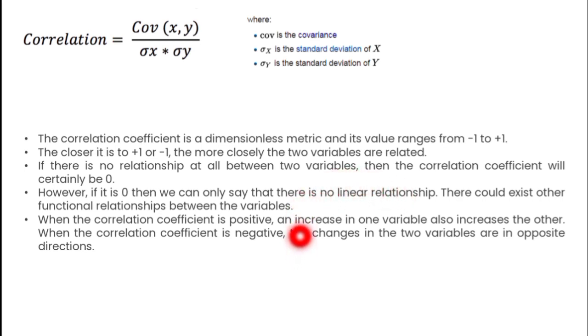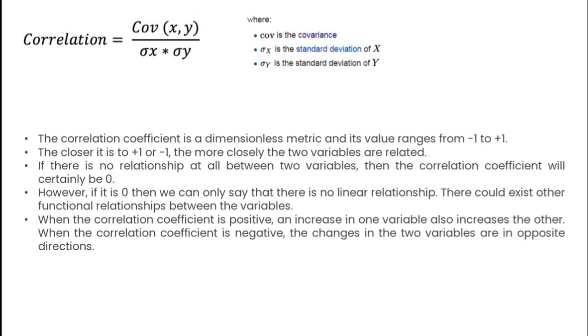When the correlation coefficient is positive, if one variable increases, the other variable also increases. If the correlation coefficient is negative, the changes in the two variables are in opposite directions.